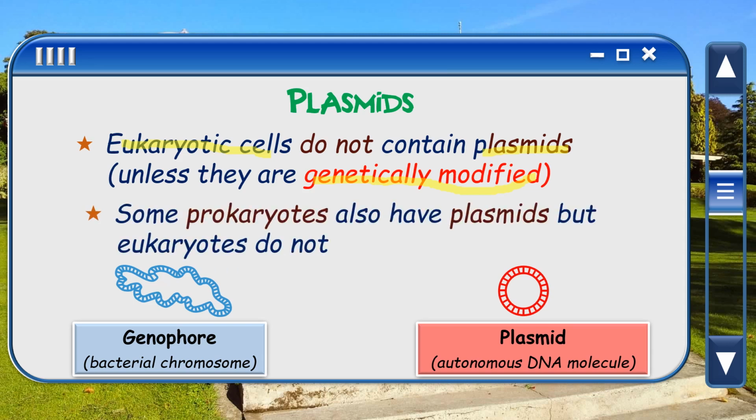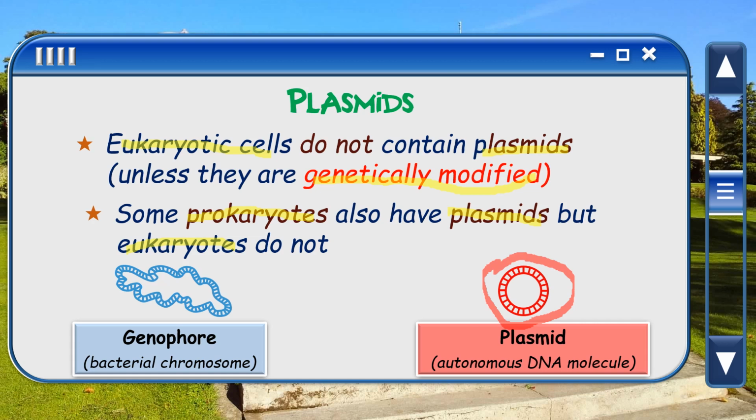Some prokaryotes also have plasmids, but eukaryotes do not. Eukaryotic cells don't have plasmids, but prokaryotes are the ones that have plasmids.